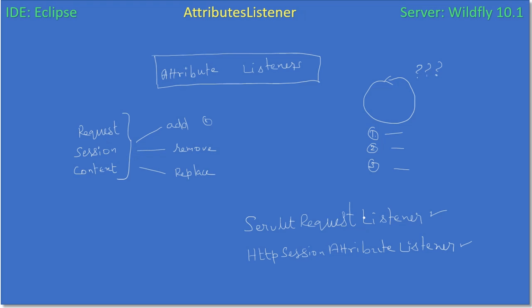So we will experiment with these two, and the other ones you can experiment with yourself, as the concept is almost similar for the other objects. So one is the request listener and one is the listener for a specific attribute. So in an object we can set an attribute, right? We can set a listener for that also.